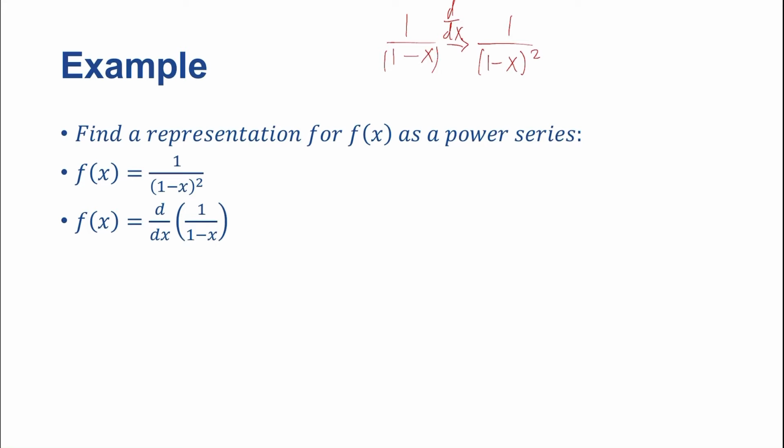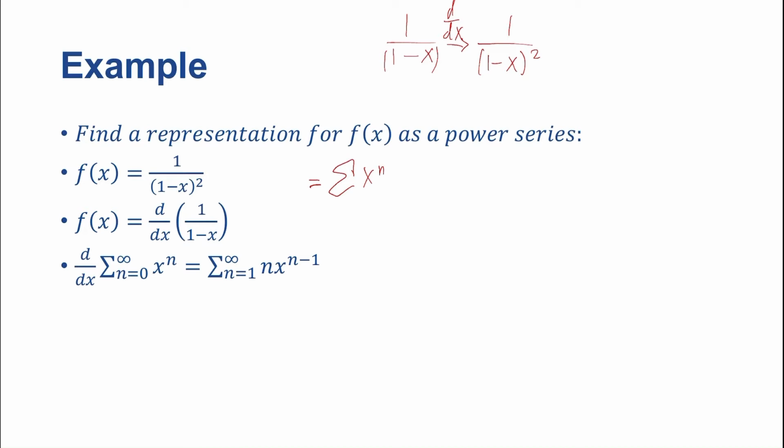So I recognize that f of x is equal to the derivative of 1 over 1 minus x, which is great. I also know the power series representation for 1 over 1 minus x. This is equal to the sum of x to the power n. So we can differentiate that, and that's one of the easiest derivatives, just applying the power rule. So we get the sum starting at n equals 1 to infinity of n times x to the n minus 1th power.